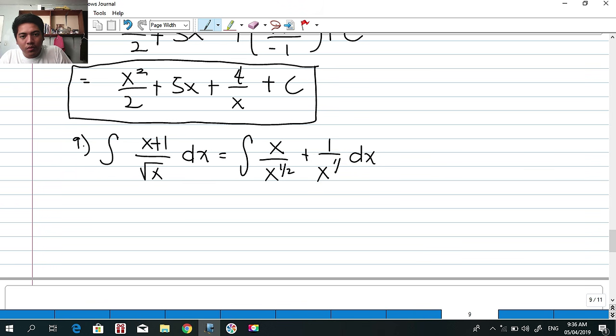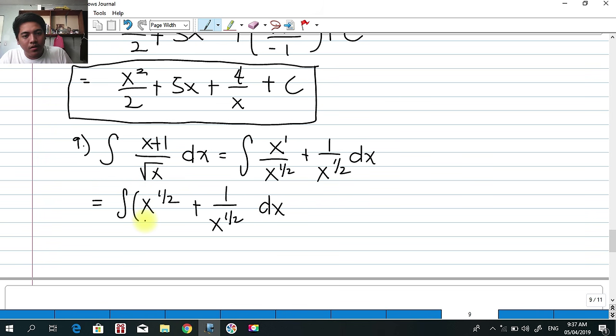Now we can simplify. The x has an exponent of 1, so 1 minus 1 half gives an exponent of x raised to 1 half, plus 1 over x raised to 1 half dx.